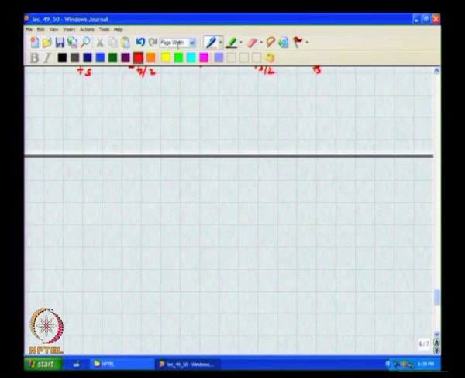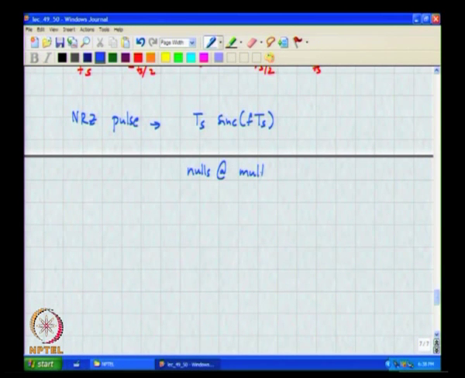So, for an NRZ pulse, the filter is of the form T s sinc f times T s. So, this has nulls at multiples of one by T s.